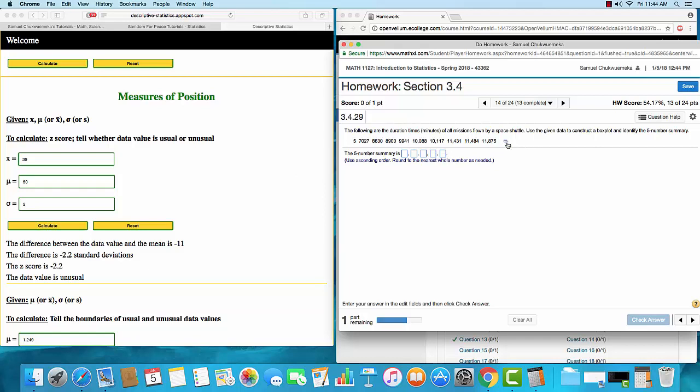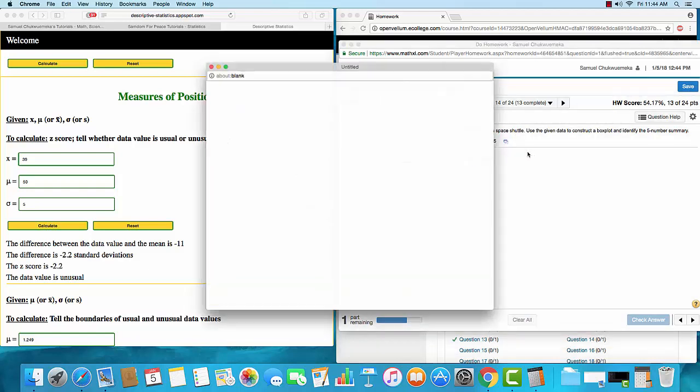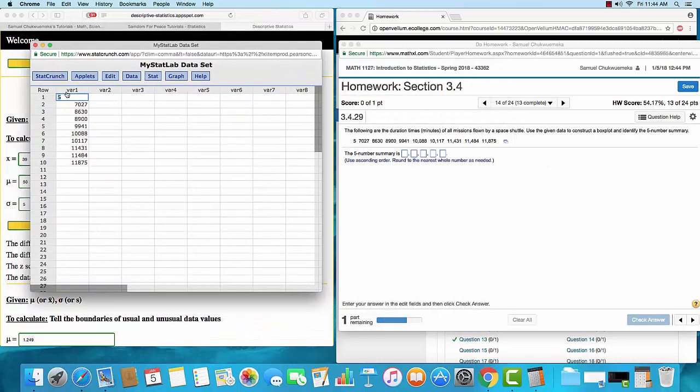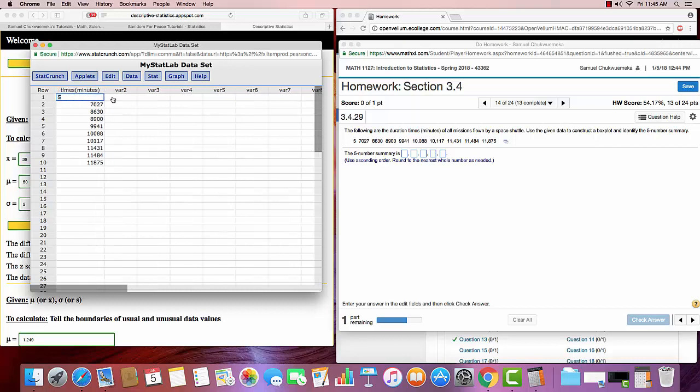So we'll open this with StatCrunch. These are duration times, and I've just put times. If you want, you can also put minutes. Just don't put space between the variables. It's advised.